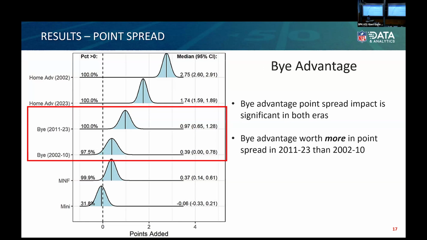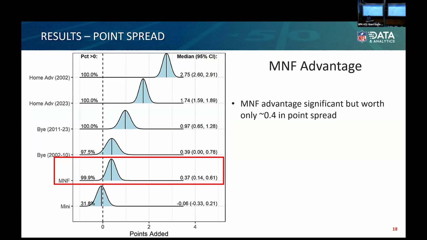Both I would deem significant, although 2002 to 2010 is maybe right on the edge of being significant. The median value for that is about 0.39, where the median value from 2011 to 2023 is about 0.97. So the value increased in today's NFL, which is a little bit surprising in terms of point spread. I'm going to get more into the comparison of point differential and point spread on the next slide or so.